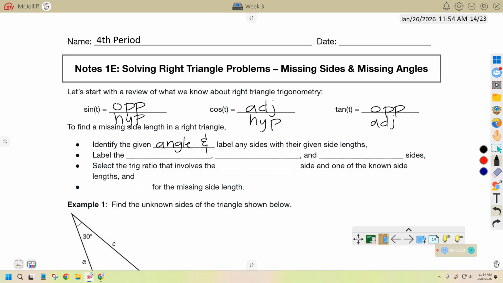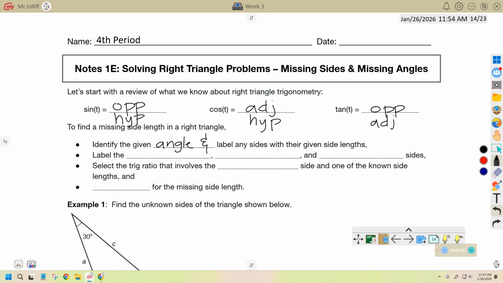In order to find a missing side, you need a side and an angle or two sides. So you can use the Pythagorean theorem. We're practicing side and an angle questions because we want to use trig to solve them. If I have two sides and I want the third, Pythagorean theorem is like math from years ago, right? You already know how to do that. We're experts on Pythagorean theorem.